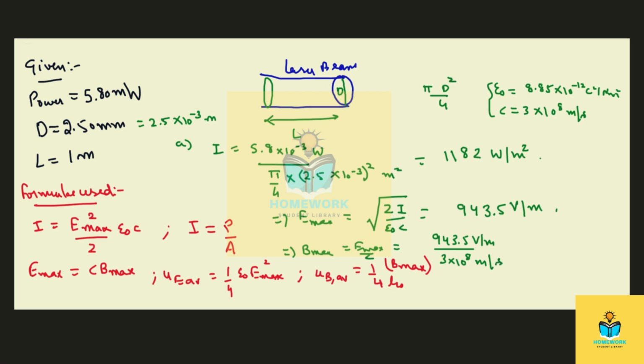So this gives us 3.148 into 10 to the minus 6 Tesla. So that's your answer for Bmax. So this is the magnetic field amplitude and this is the electric field amplitude. So we are done with part A. Now we go to part B.